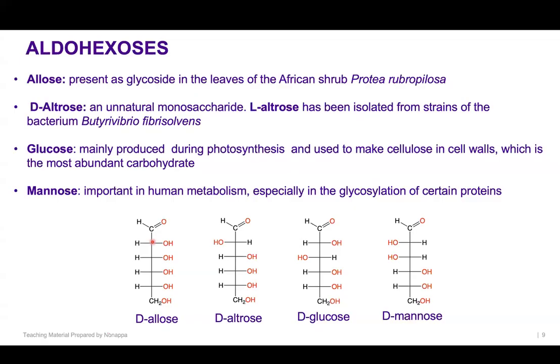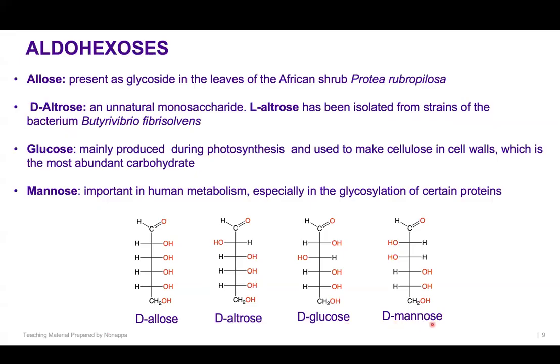Rather surprisingly, this has been isolated from some bacterial strain. Glucose is the most important. It is produced in plants during photosynthesis and used to make cellulose in cell walls, which is the most abundant carbohydrate. And glucose is the most important energy source for us.